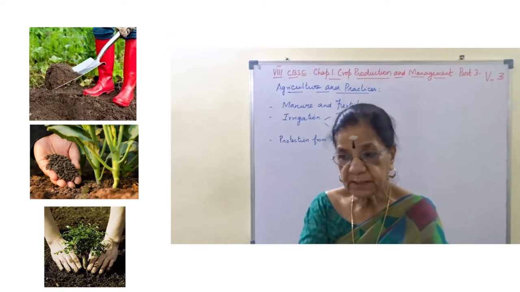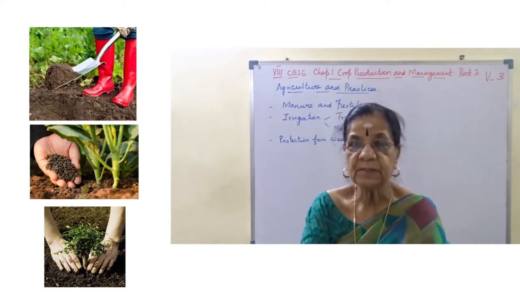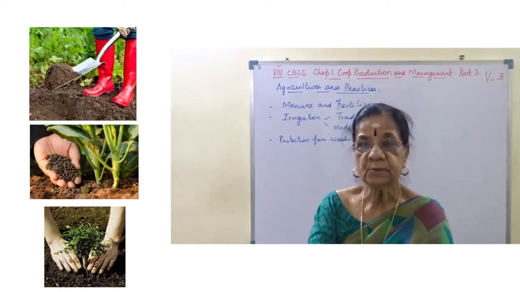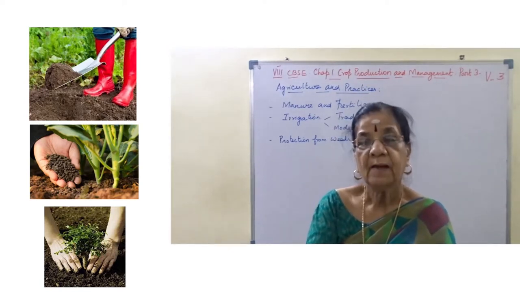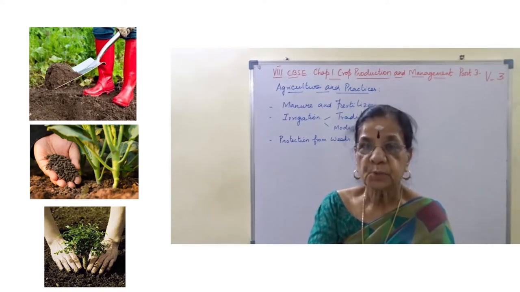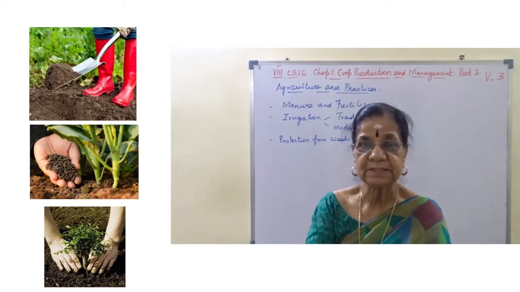What is preparing the soil? It is nothing but plowing the field, thereby turning and loosening of the soil, where the big crumbs, the big soil particles, are broken into small pieces.